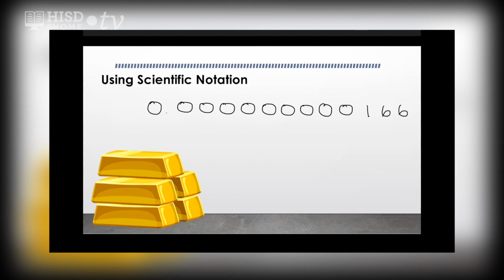So what I'm going to start doing is I can see that the decimal point is right here, and I'm going to start moving spaces until I find the first number that is equal to 1 or greater than 1 but less than 10. So I'm going to go one space, and go each space until I get to my first number that is between 1 and 10, and that will be this one right here.